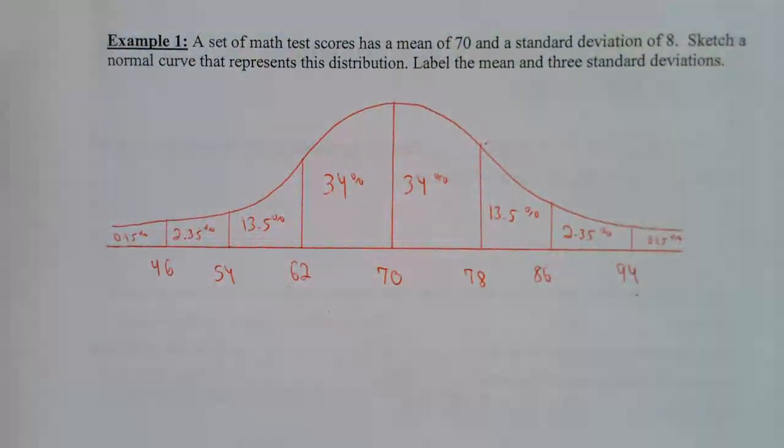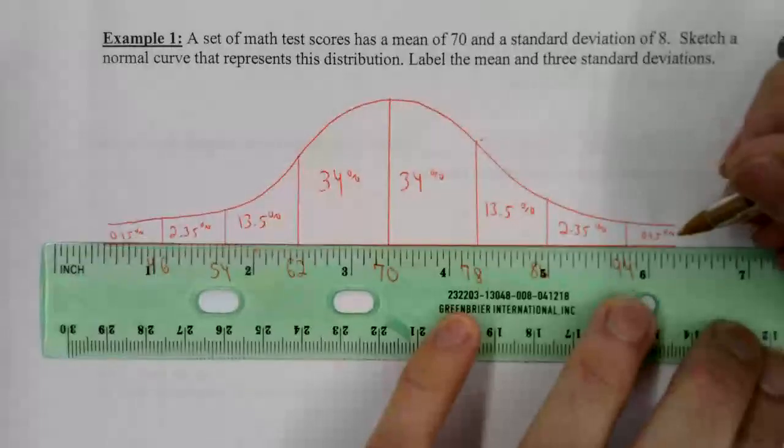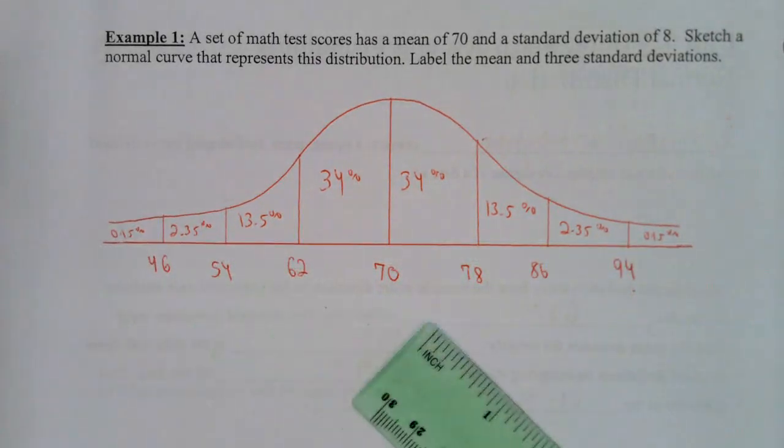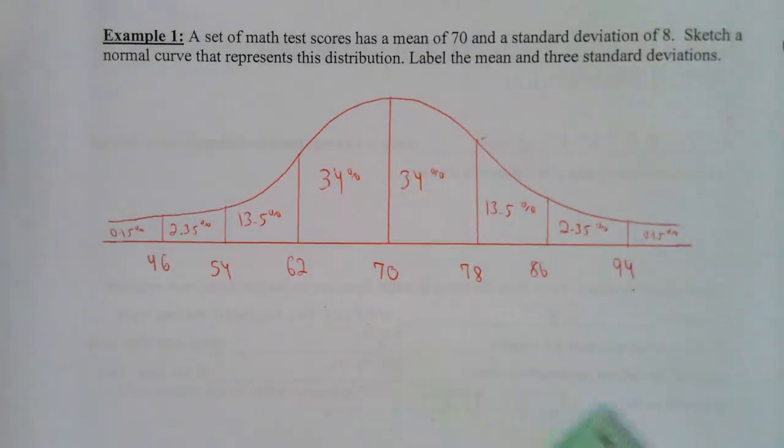Notice how all those decimals under the curve add up to 100%. And that's all you have to do for that one. Like I said, this was just an intro problem. Later we're going to have to answer questions based off of the curve.